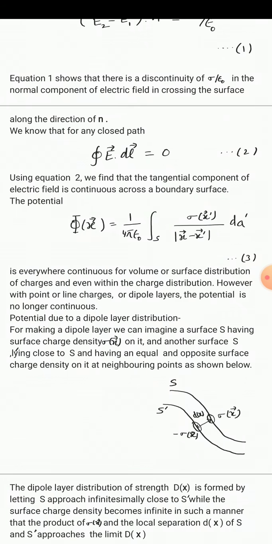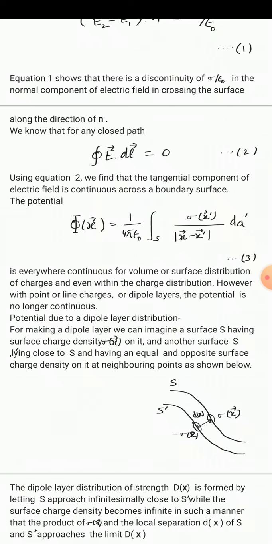And this potential is everywhere continuous for volume or surface distribution of charges and even within the charge distribution itself. However, in case of point or line charges or dipole layers, the potential no longer remains continuous.